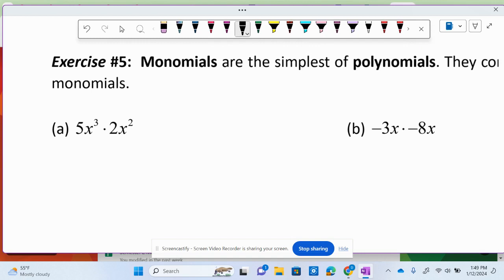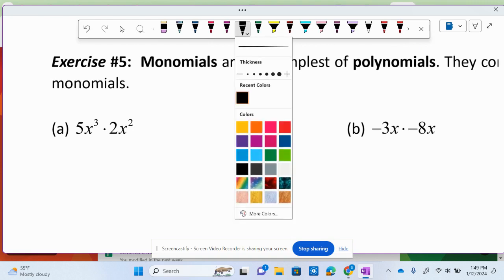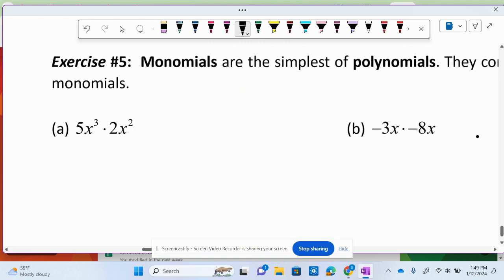All right, example 5. We're going to take monomials. A monomial is just a polynomial that doesn't have addition or subtraction in it. And we're multiplying them, okay? So when you have something like that, you have to think about the rules of exponents, okay? And so the rule is that when you multiply powers, that's what a number with an exponent is, right?